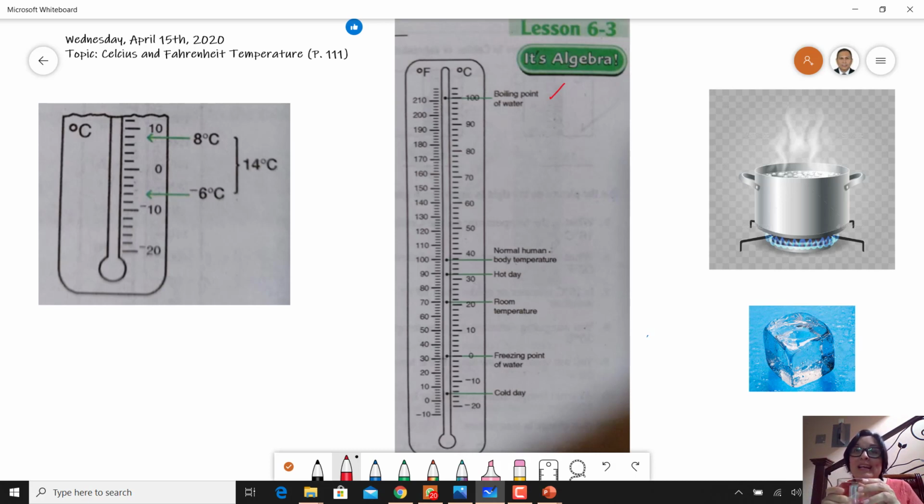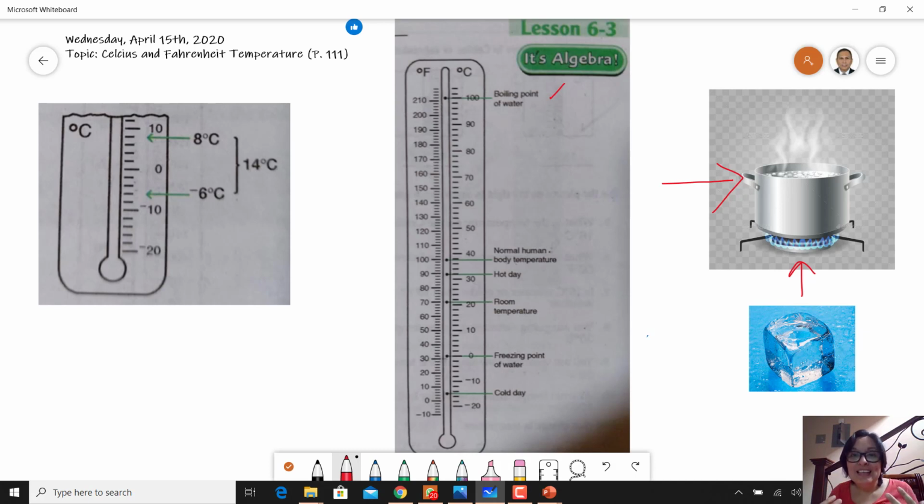So when we say that water is at a boiling point, is when you put this water in a pot, like in a pot like this one, look, and you apply fire, and the water starts to heat more and more, and there is a point in which the water starts bubbling and bubbling.